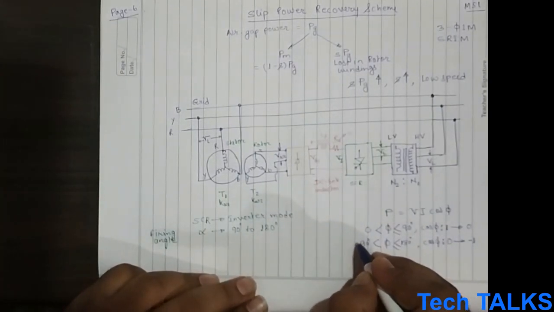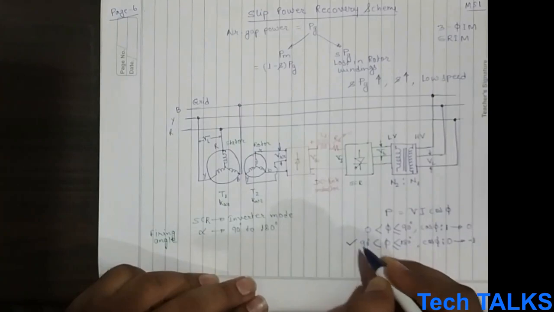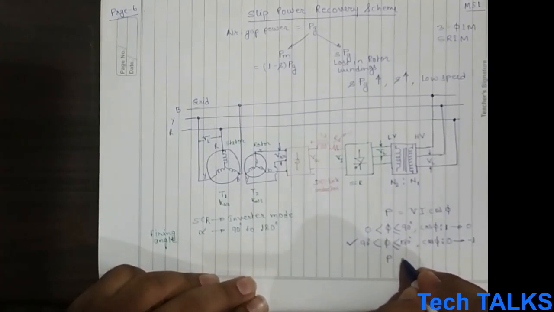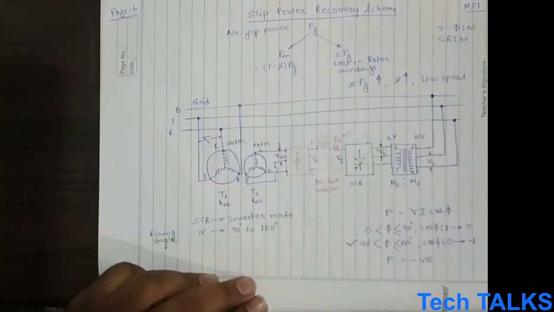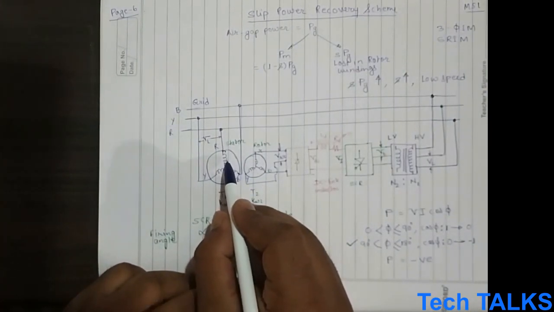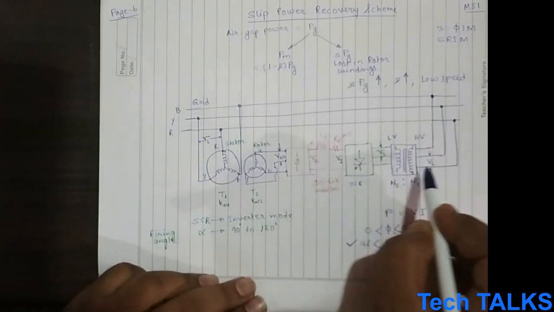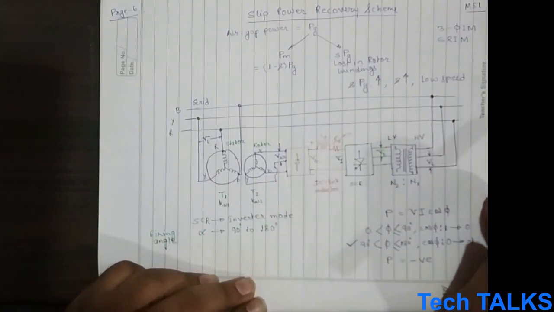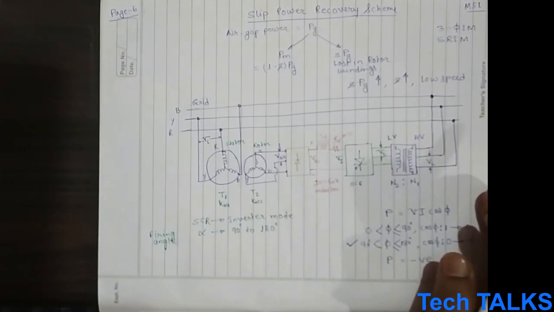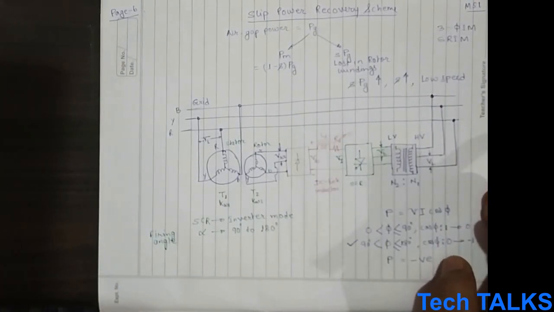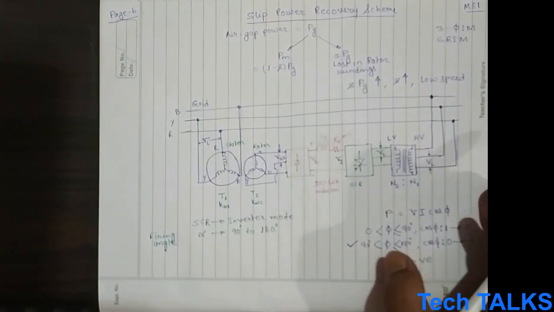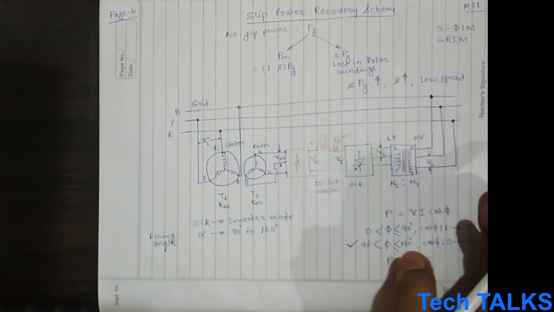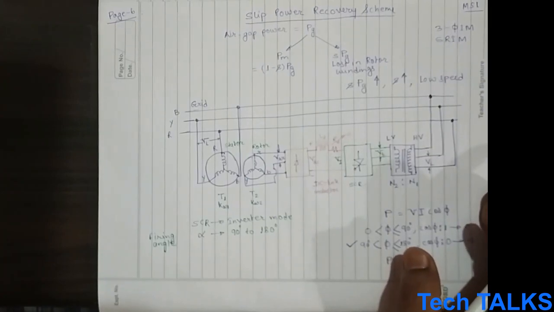So in this second zone of operation, the power becomes negative. That means it will be giving back power to the grid. That means the angle between the voltage and current per phase will be more than 90 and less than 180 for successful operation.